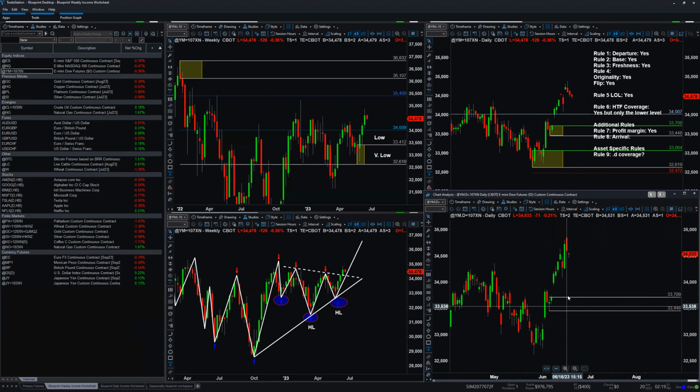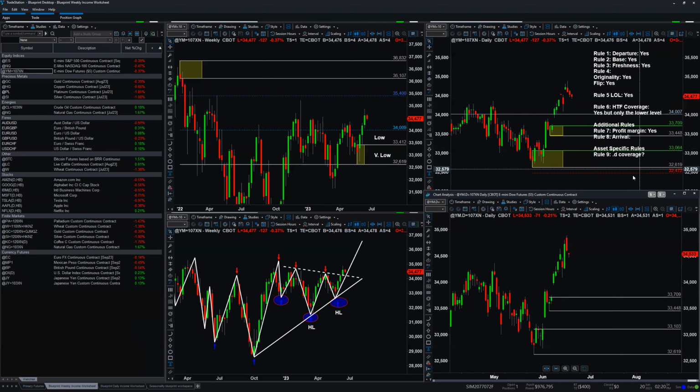So this is perfect, right? This is perfect. And now our lower level, 33.064. Here we could potentially even refine that a little bit. But we can see that 33.064 is kind of aligned here as well. So we have also .D coverage, and that .D coverage also with a gap up.